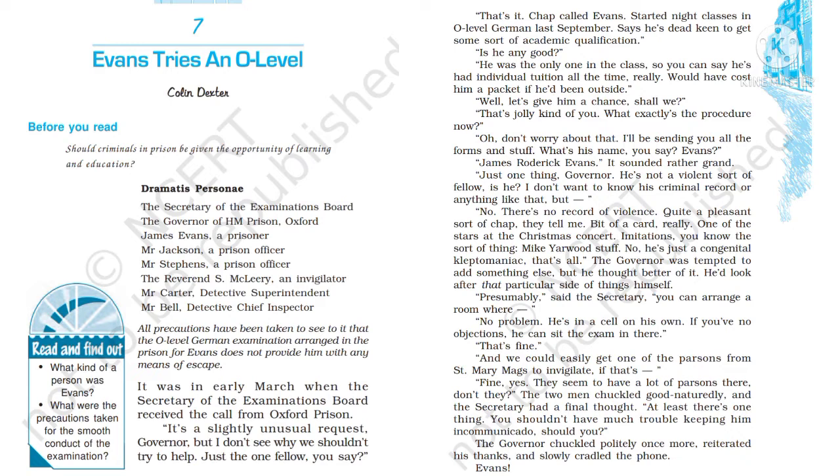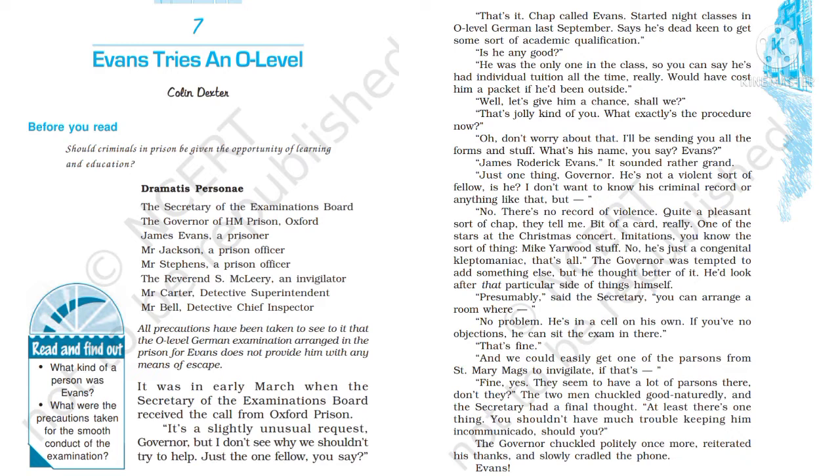The story starts with a telephonic conversation between the governor of Oxford prison and the examination board secretary. The topic of their discussion is Ivans and his sitting for the examination. The governor requests the secretary that there is a prisoner named Ivans who wants to sit for the O-Level examination. The secretary says that though it is an unusual request, it won't be a problem as Ivans is the only candidate.